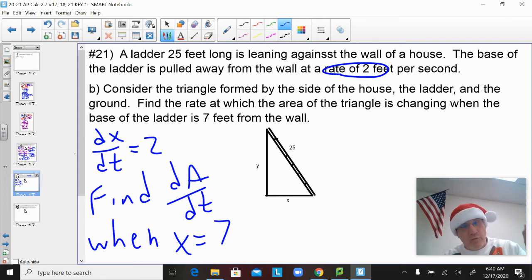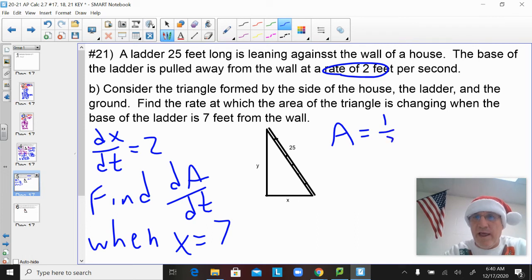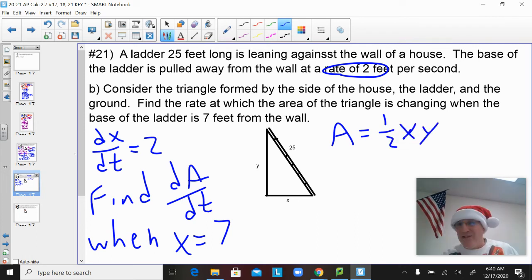So I need a formula relating the area of a triangle. That's just 1/2 times base times height. So the area is 1/2 times x times y. Notice I don't need the 25. If I give you a right triangle and I want to find the area, it's just 1/2 times base times height. The length of the hypotenuse is not part of that formula.